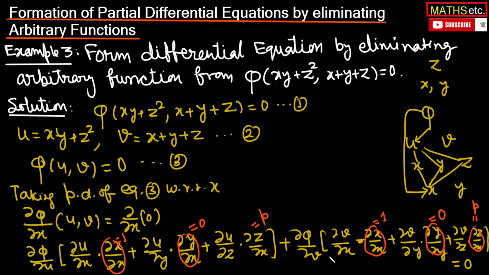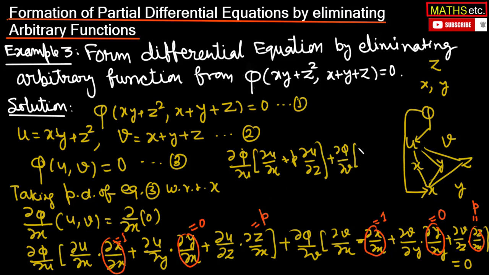So the resultant equation becomes del phi over del u times (del u over del x, this term will become 0, plus p del u over del z) plus del phi over del v times (del v over del x plus del v over del z multiplied by p) equals to 0. And this is our equation number 4.